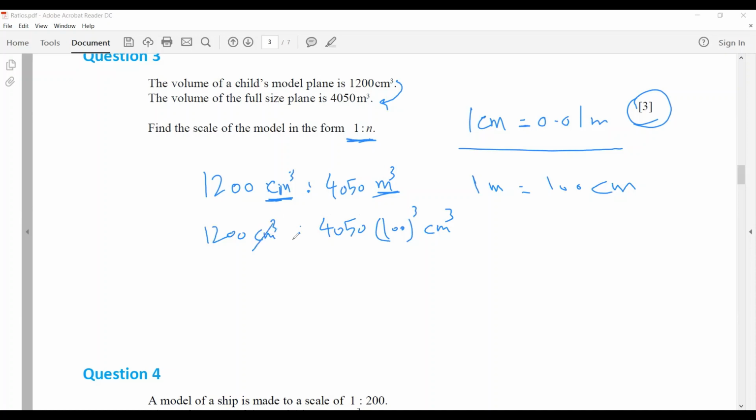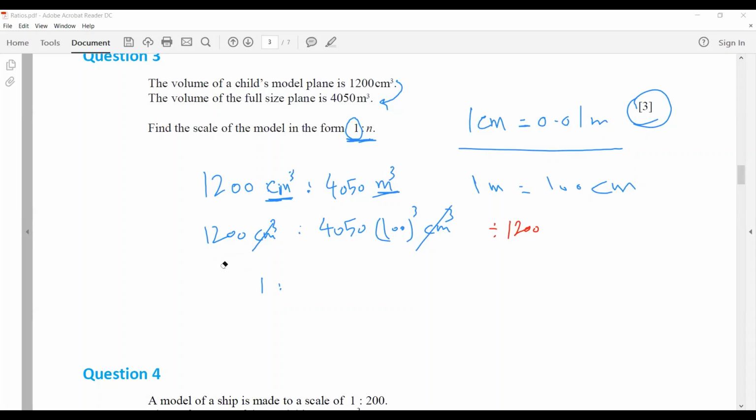Everything cancels out, except now, if I want to have 1 on the left hand side, I have to divide everything by 1200, from both sides. If you divide this side by 1200, you get 1. And if I divide this side by 1200 as well, I get the answer n, which we were looking for.